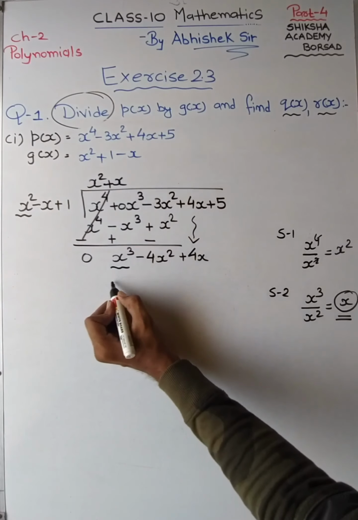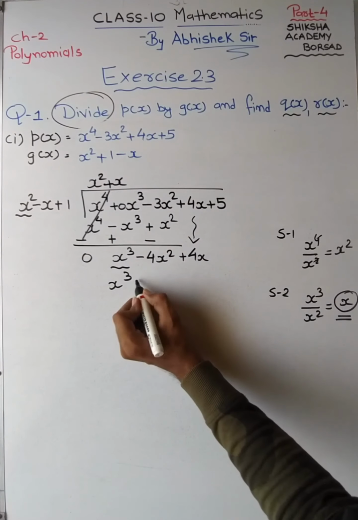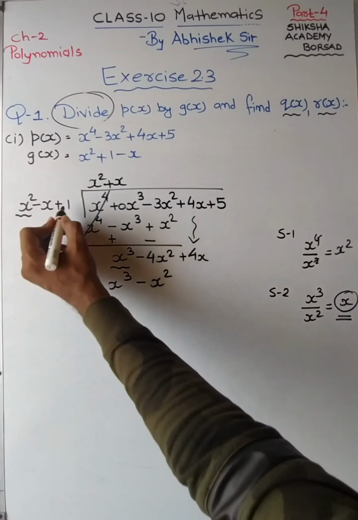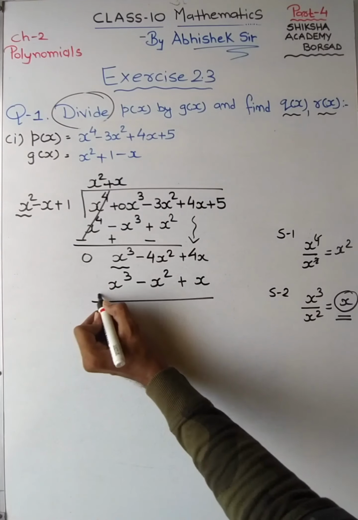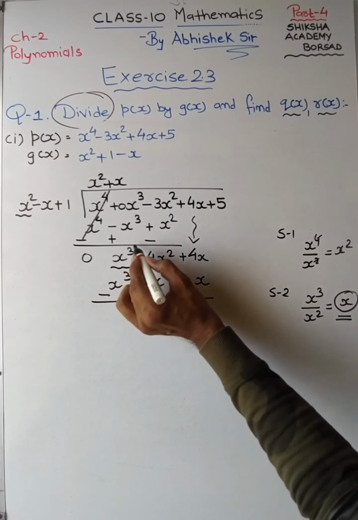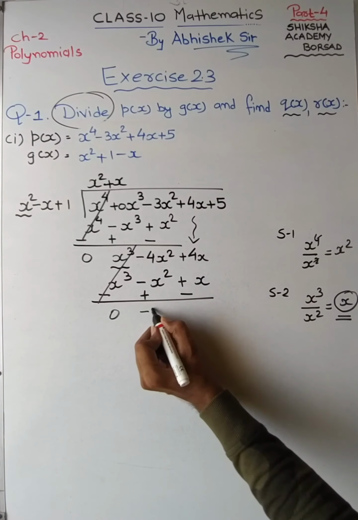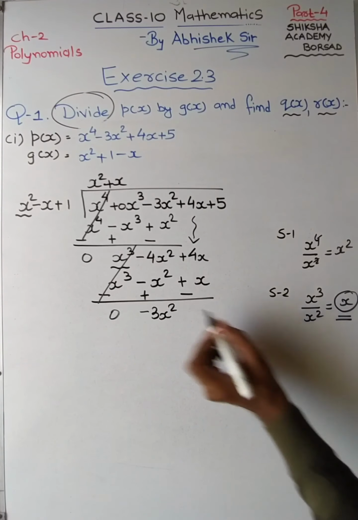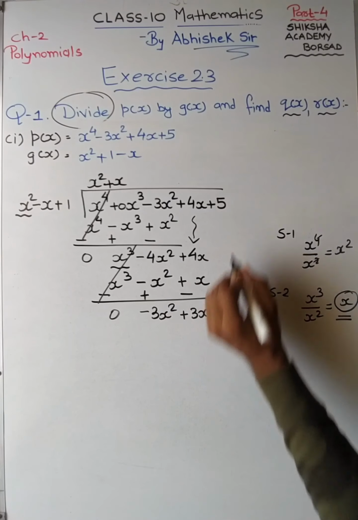Multiplying x square with x gives you x cube, minus x into plus x will give you minus x square, 1 into x will give you 1x. Leave space, change the sign, cancel where possible. Minus 4x square plus 1x square gives you minus 3x square, plus 4 minus x, so 3x.